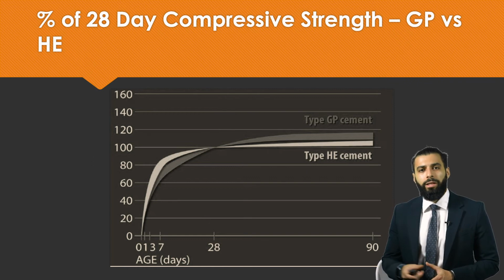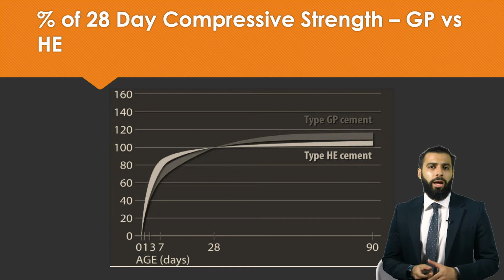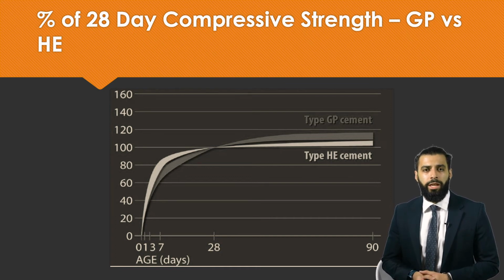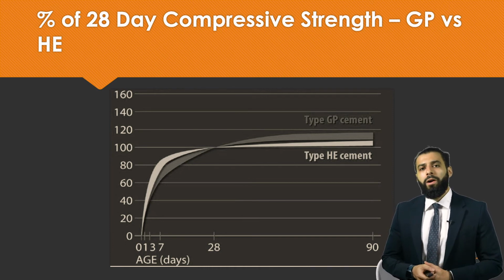However, in the long run, you notice that type GP is a bit higher. So common applications of HE cement would be where, for instance, you need to construct a high-rise building very quickly, and hence you need to take off the formwork very quickly from your concrete elements. That's when you would desire a higher early strength at the very start.